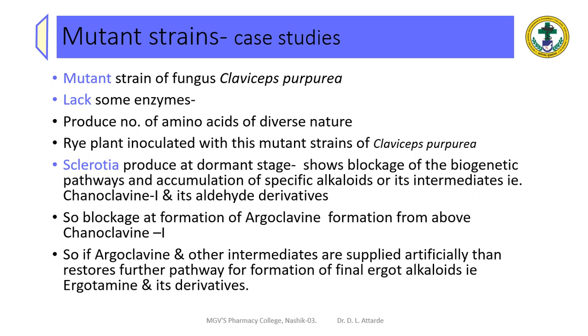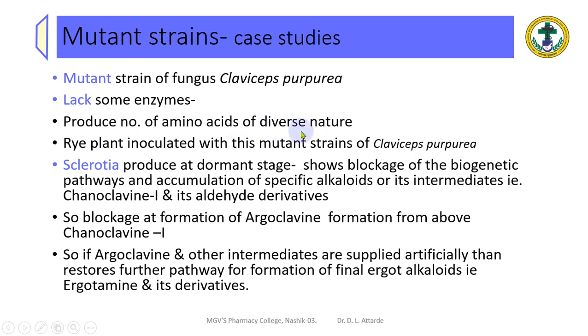This Claviceps purpurea is also called ergot. These alkaloids have great value in pharmacological uses, and the mutant strains of this fungus are used to check this process, as they lack some enzymes and produce a number of amino acids of diverse nature.